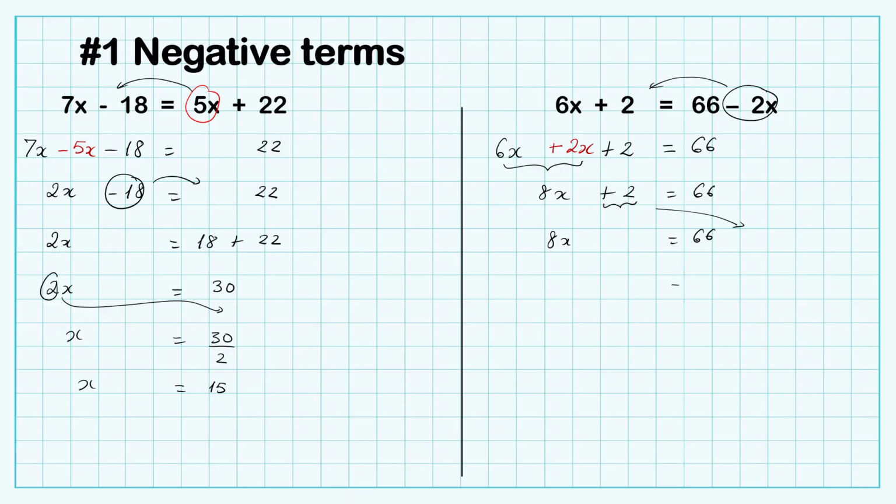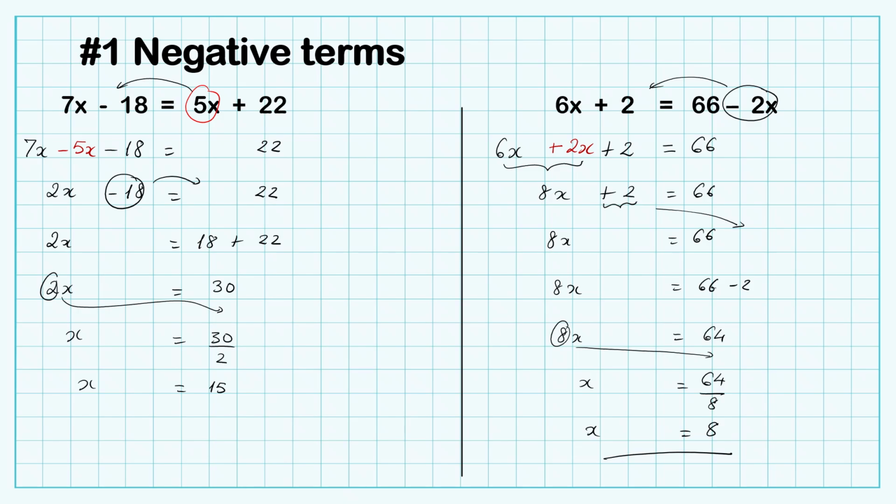So we're going to write 66 take away 2 is 8x. That gives us 64, which is equal to 8x. And what happens to 8? We're going to send it to the bottom over there. So that becomes 64 over 8 equals to x, or x equals to 8. So that's the answer.